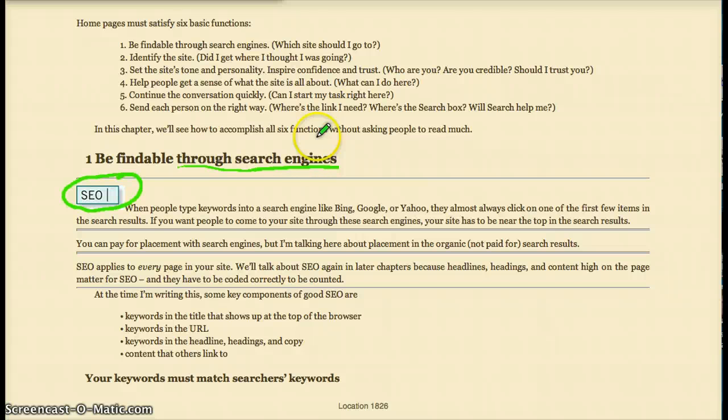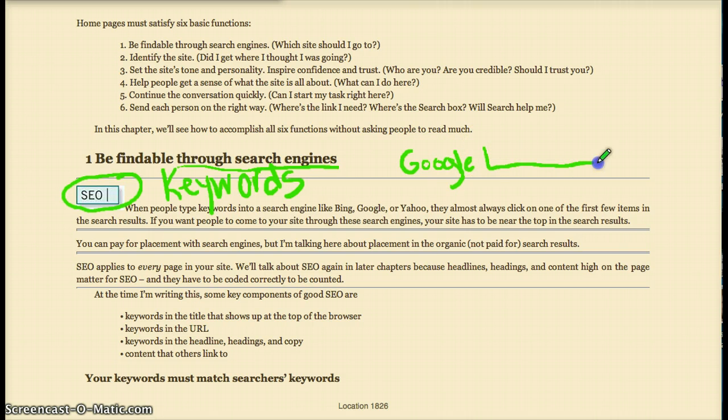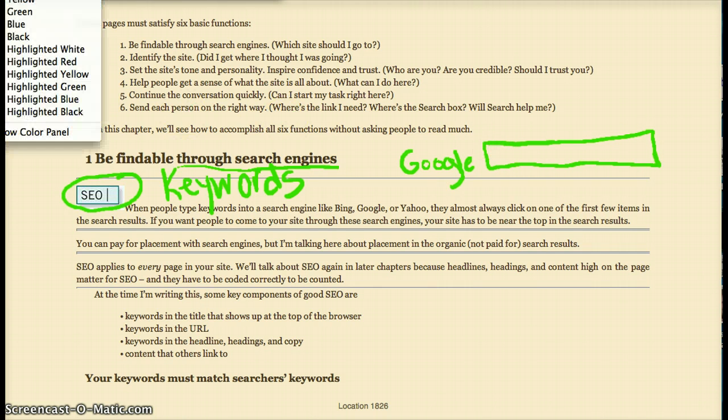So taking a look here, SEO is basically derived from keywords. The keywords are what somebody types into Google, let's just use Google as an example, but it applies to any search engine. Let's use a different color for them typing in.